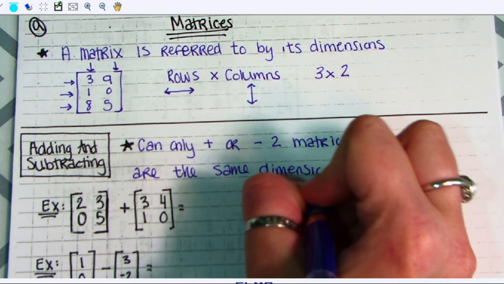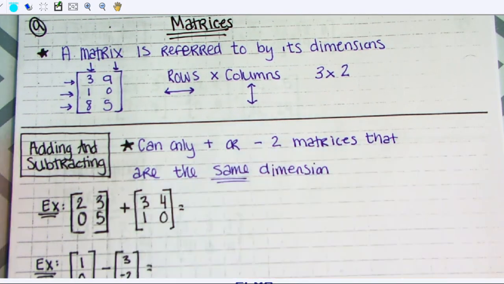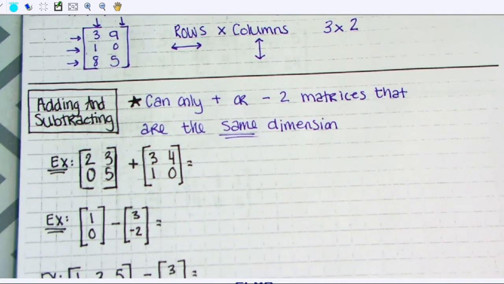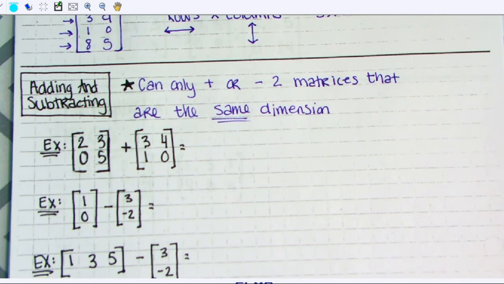So being able to look at the matrix and know the dimensions of it is going to make it a lot easier to add and subtract. It's okay if it's not possible. Okay. So when you add or subtract, you can only add and subtract matrices that are the same dimensions.